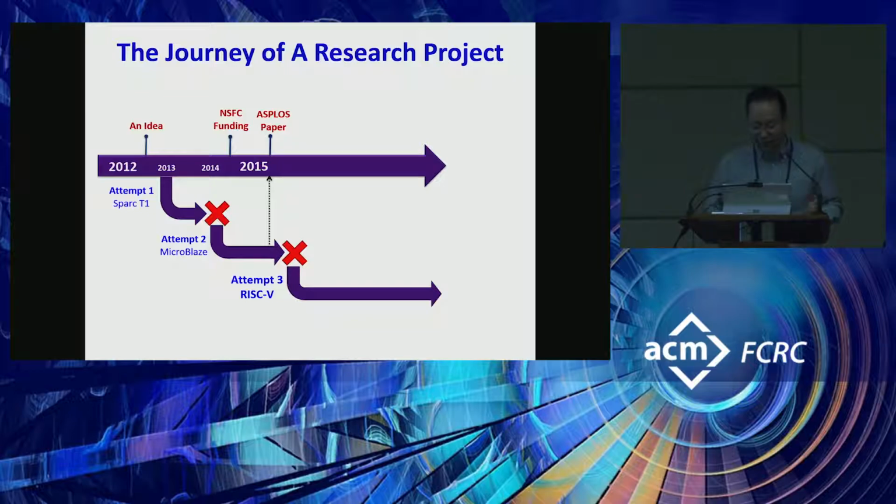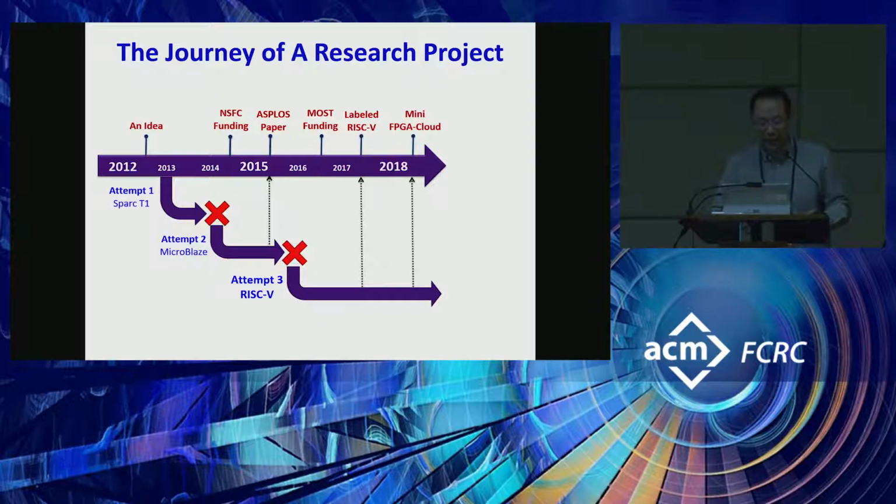I think this gave us opportunities, and we got funding from MOST, the Ministry of Science and Technology, and we built the first prototype called labeled RISC-V. Last year we also built the mini FPGA-Cloud to provide services.